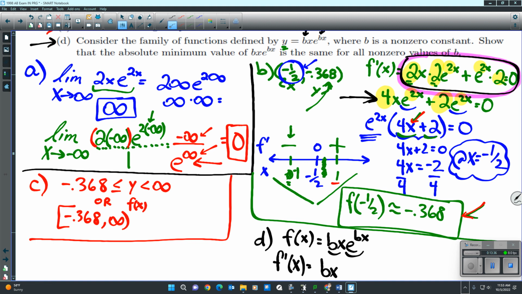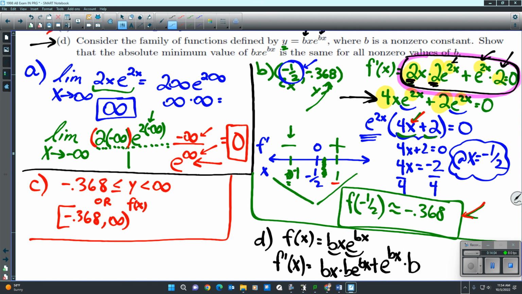So here we go. We have bx, that's going to be b times b e to the bx. Sorry, I'm writing down here in the bottom of the screen if you can't see it. Plus e to the bx times b.